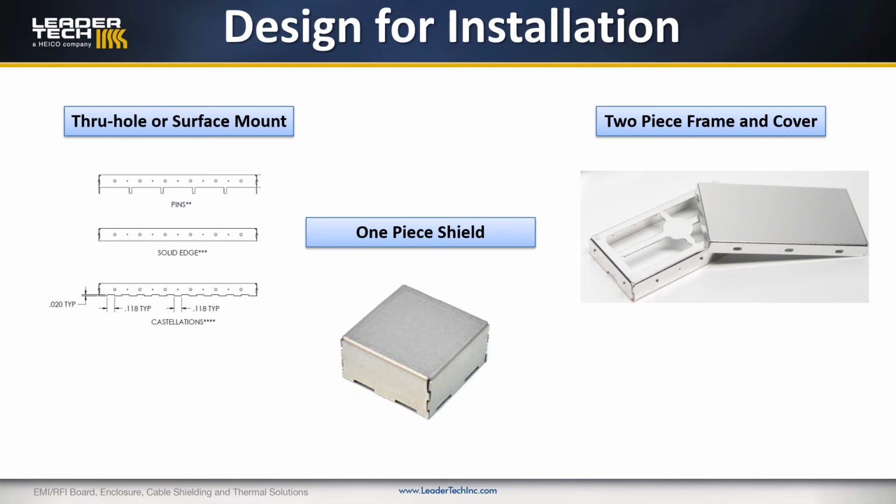Pins are sometimes used when you're doing wave solder, where they protrude through the circuit board and then it passes through a wave of molten solder, and then the pins are soldered underneath the board. Or pins are also good if you have a very complex shield. They can be used to hold it in place onto the circuit board trace.